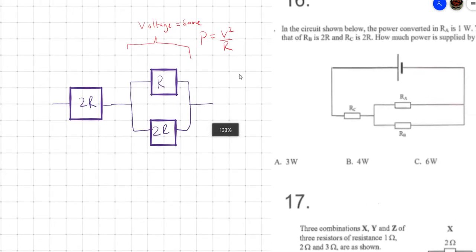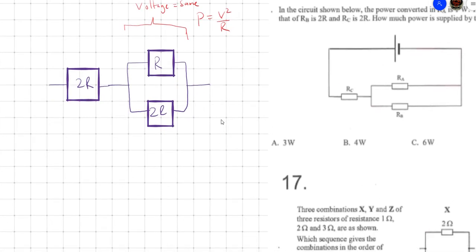Now let's do this. So we know that the power through the first one is 1 watt.